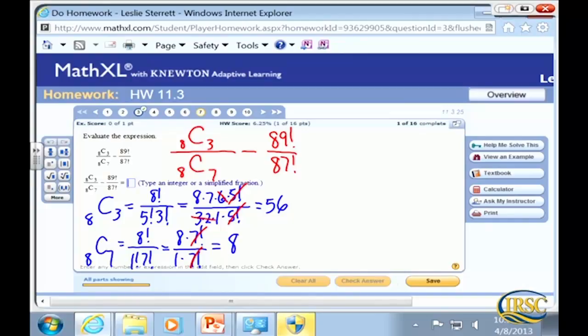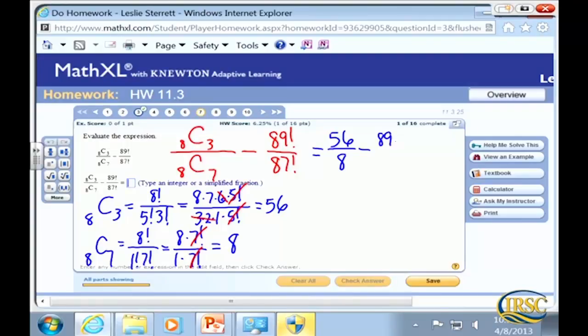Okay, so now I can substitute the 56 and the 8 into that first fraction. So I have 56 over 8. And then let me go ahead and expand this fraction a little bit with the 89 factorial and 87. Notice that if I start counting down from 89, 88, 87, the rest of that's going to cancel with the 87 on the bottom.